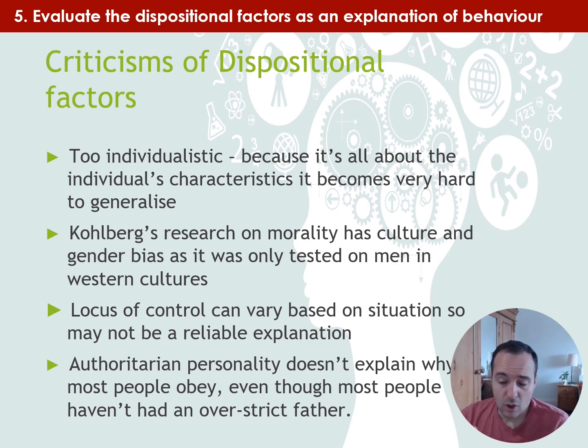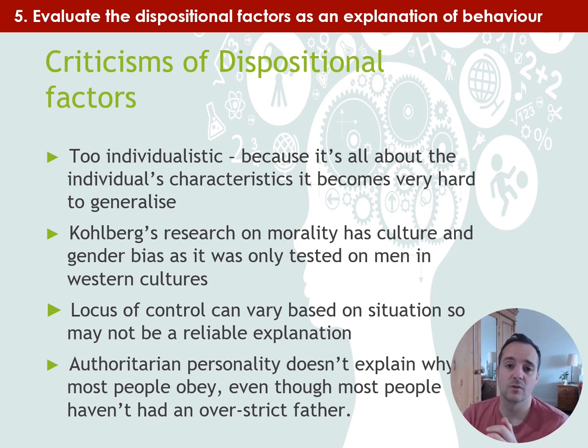Also, locus of control, it's put forward as though you have a locus of control for your whole life, you know, are you in charge or not, when actually other research indicates that it's a lot more nuanced. So some people have a locus of control that's internal in one area of their life and external in another part. So again, you can criticize those individual theories, but on the whole, dispositional factors is pretty good.